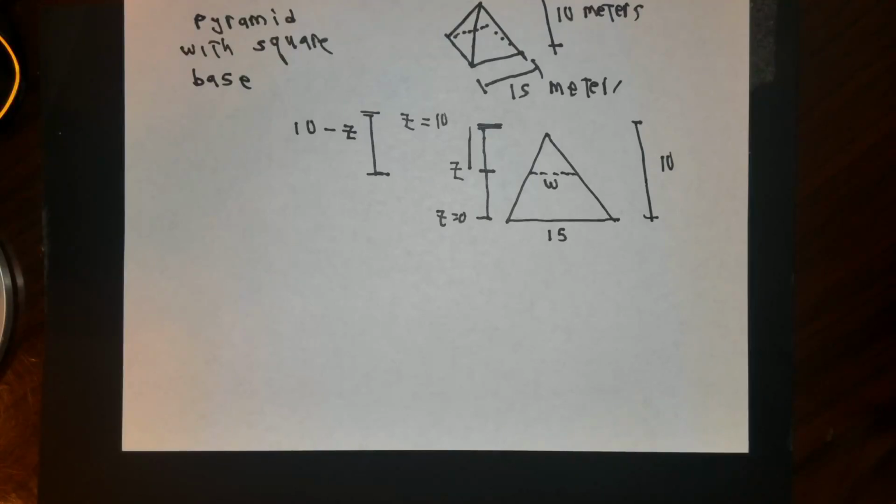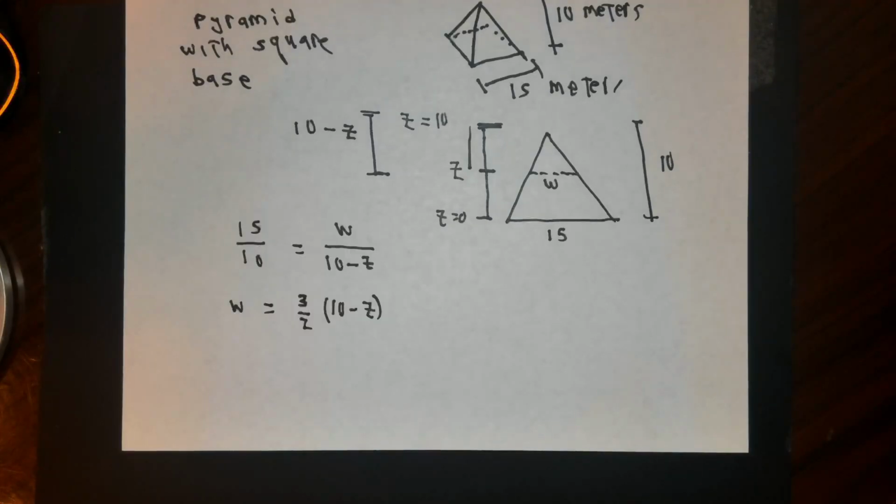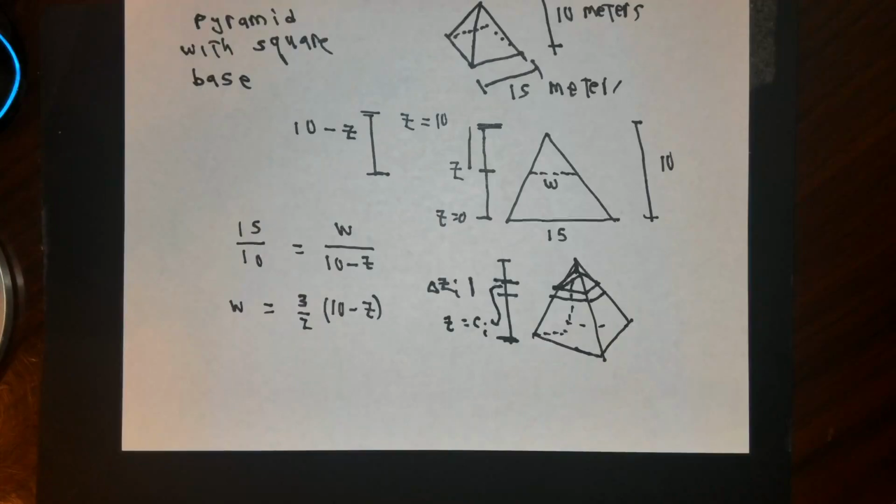I'll use the principles of similar triangles in order to figure out w in terms of z. w should be 3/2 times 10 minus z.